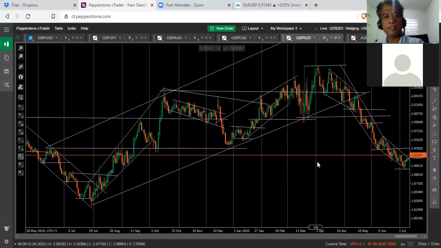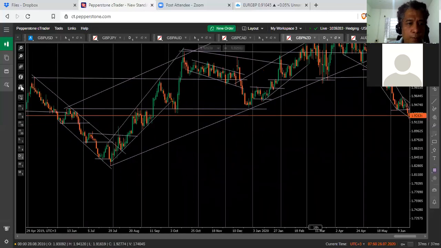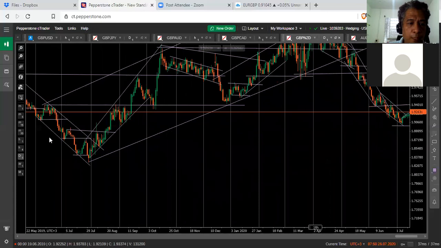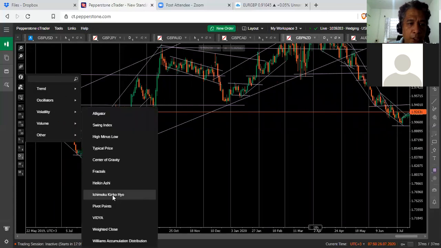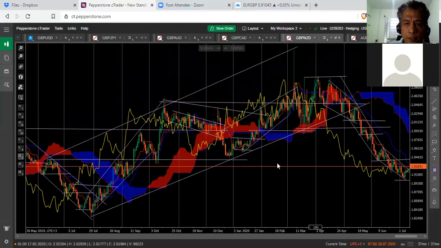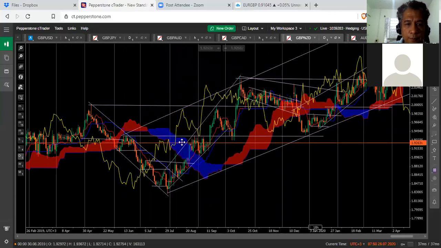So to make things easier for determining our trend lines, I'm going to use Ichimoku, because Ichimoku is what we call a one glance. We will know the market bias and direction. All right, so if we can see it here, see that one?